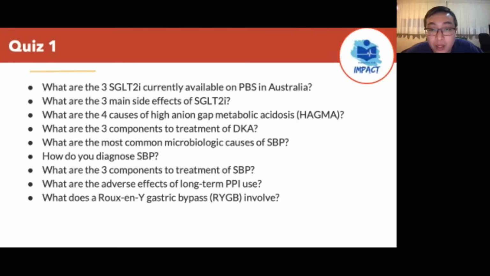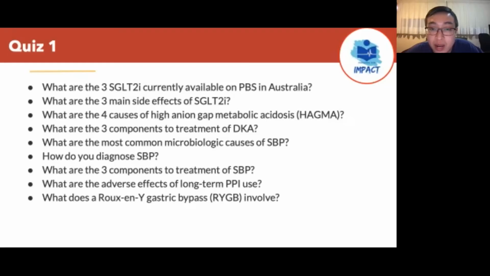Most common microbiological causes of spontaneous bacterial peritonitis, usually gut bacteria, so things like E. coli, Klebsiella. How do you diagnose SBP? Usually an ascitic tap. You aspirate some fluid, you put them in blood culture bottles, preferably before you commence the patient on antibiotic therapy.